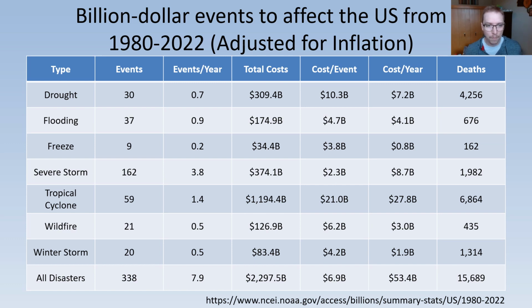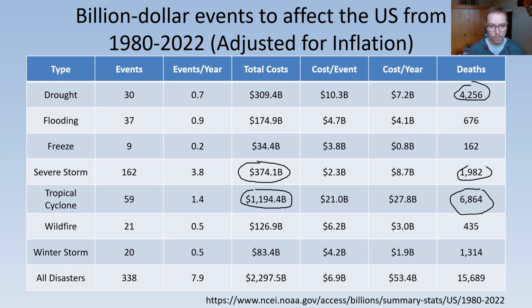Now, you might say, oh, there's more billion-dollar events from the severe storms, but if you look at the total cost of, say, severe storms, 374.1 billion versus tropical cyclones, 1.2 trillion, it starts to put it in perspective. These are incredibly damaging storms. Highest loss of life potential compared only to drought, and then severe storms after that, winter storms after that.